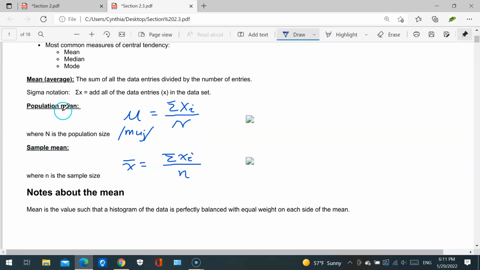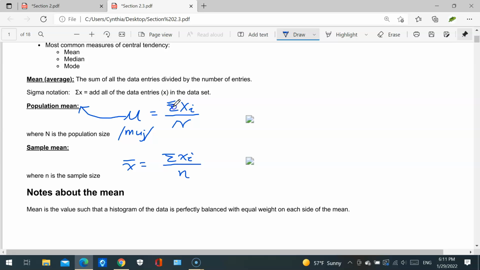If our data comes from the entire population, we represent the mean with a Greek letter that looks like a U, which we call mu. So mu is the representation of the average from the population.